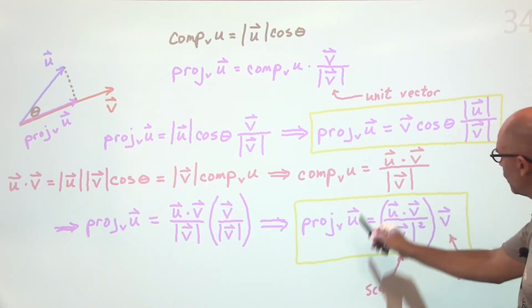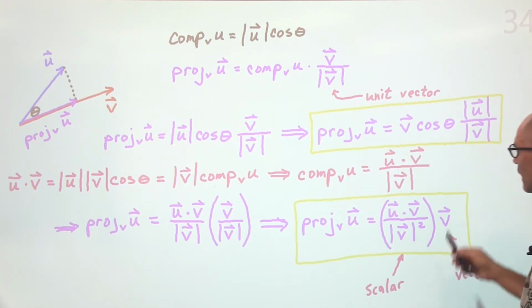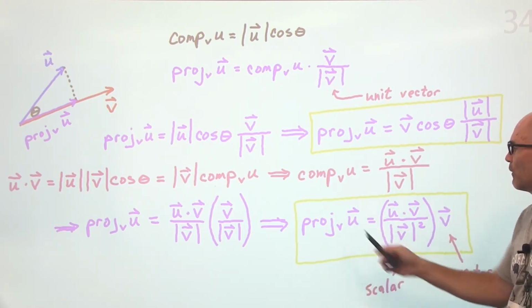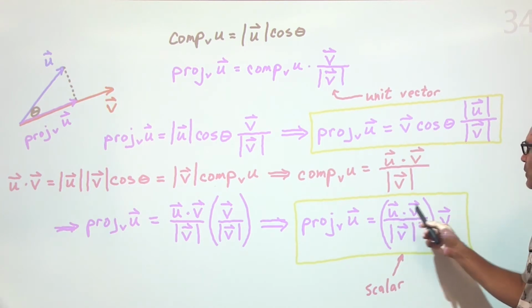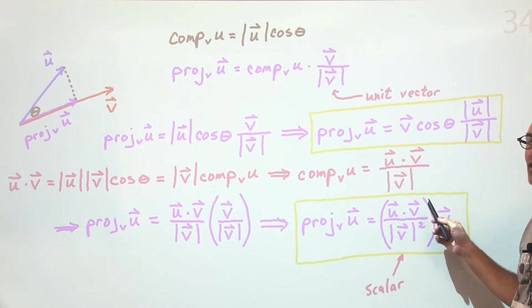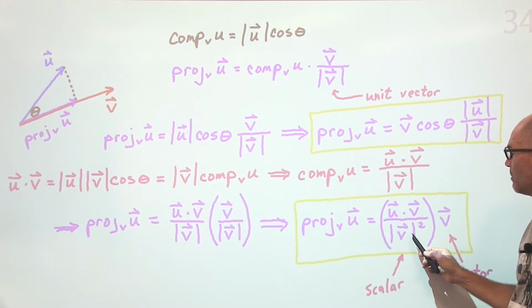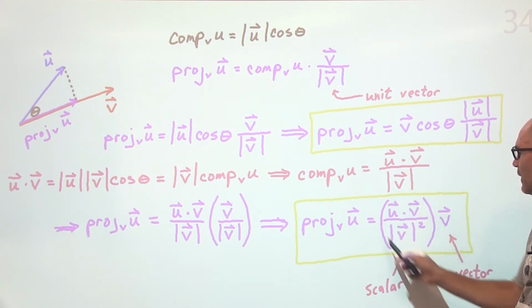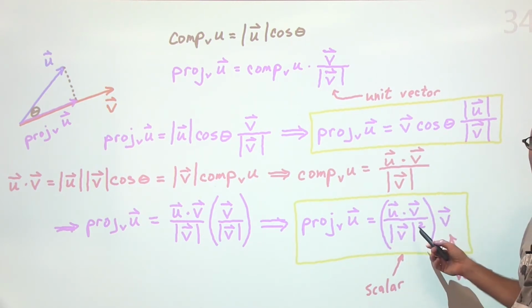Now, if you look at this thing, and this is the main definition of the projection of u along v, you have u dot v, which is a scalar quantity, divided by the magnitude of v squared, which is also a scalar quantity. So this whole thing in parentheses is all just a plain number.